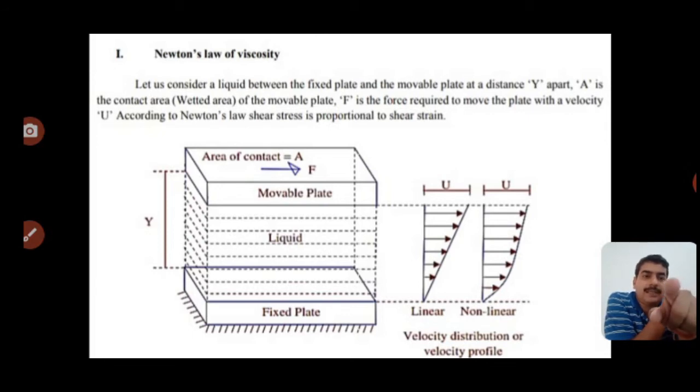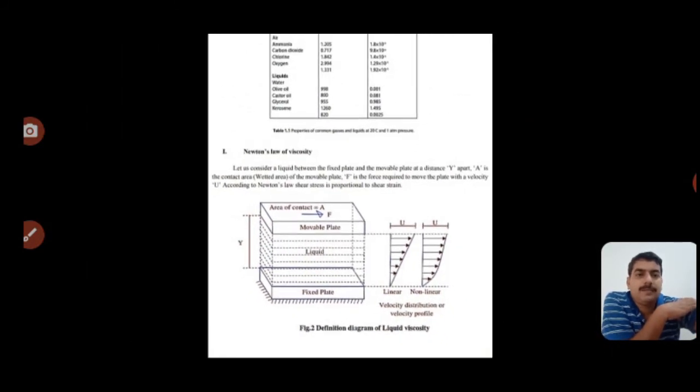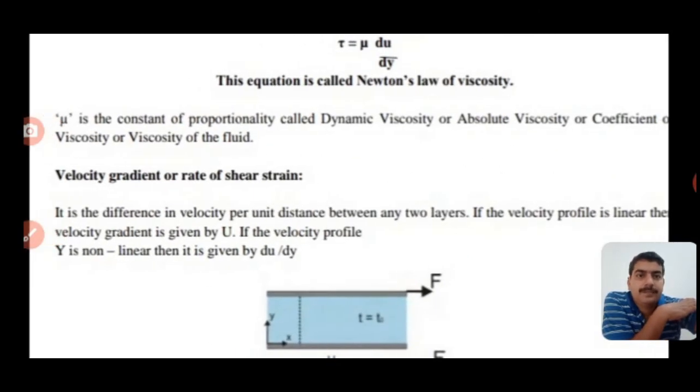The top portion shows the movable plate, with area A and applied force F. Therefore, the linear velocity distribution or velocity profile, or non-linear distribution of the velocity, we see clearly.